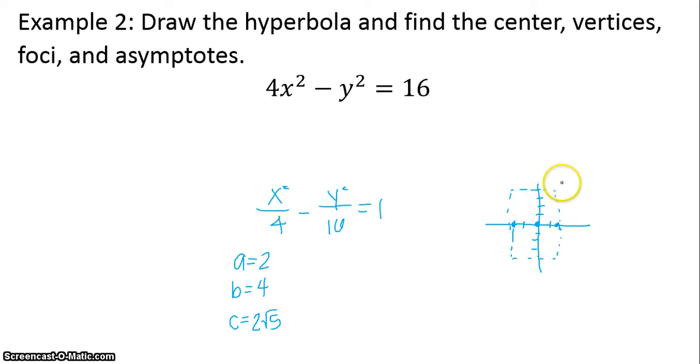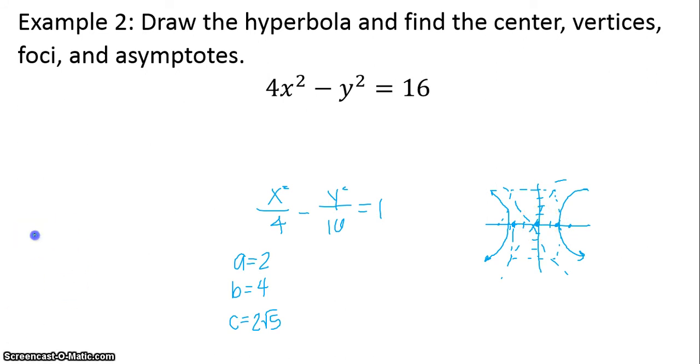And you need the rectangles so that you can draw your asymptotes. Once you have your asymptotes, you can really draw your branches. And don't forget your foci, which should be 2 radical 5 in either direction from the center.